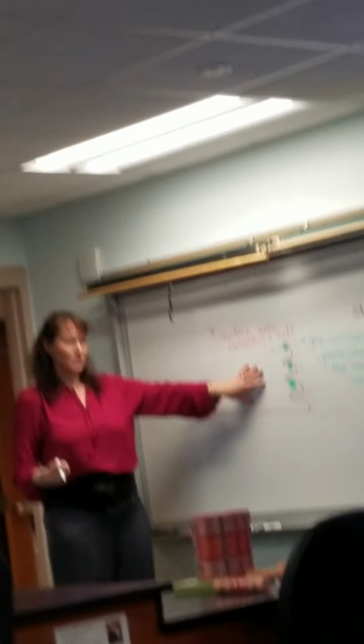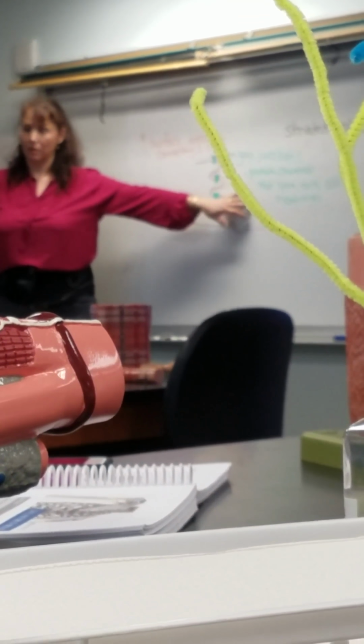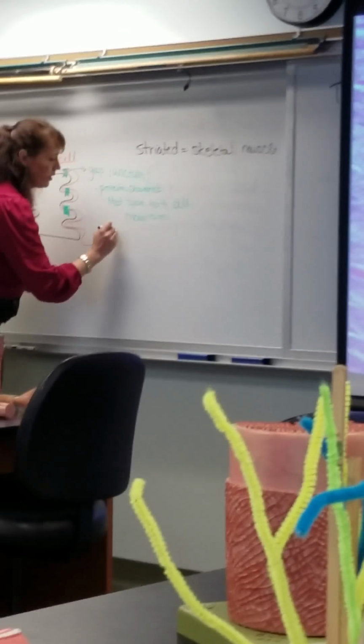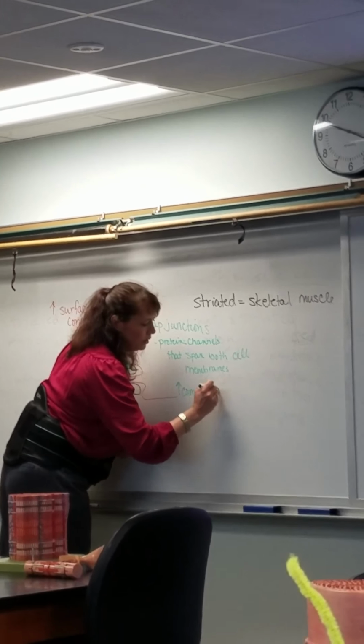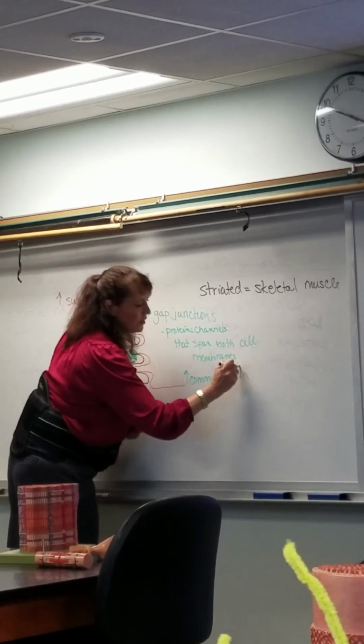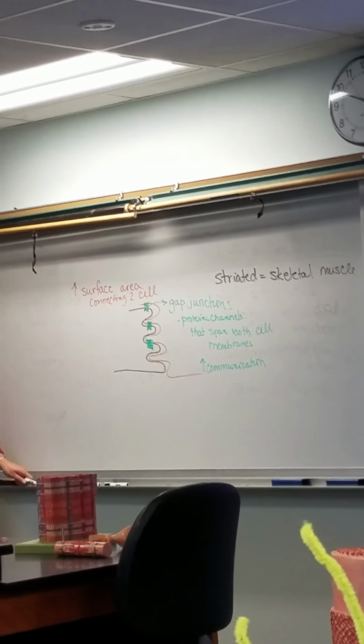So whatever happens in one cell directly affects whatever happens in its neighbor. And this is going to be very important for increasing communication. So the cells can essentially, quote unquote, talk to each other better.